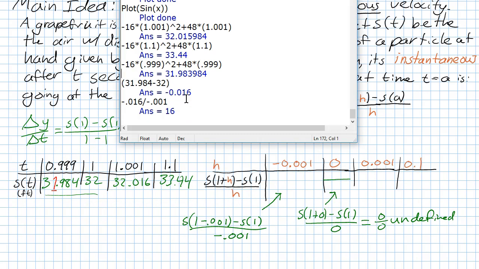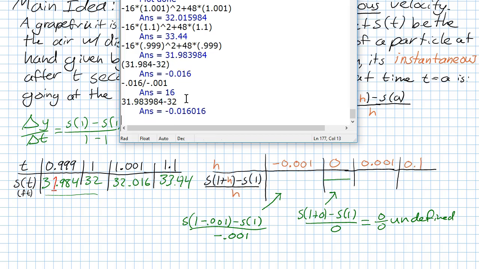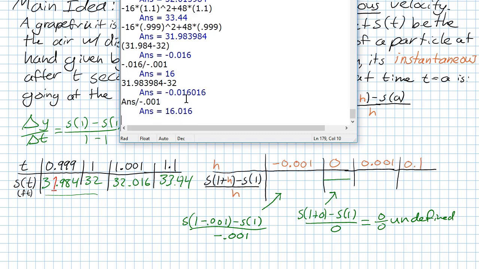I'm going to take this number here, which has a lot more precision than just 0.984. And when we do that, minus 32, you get that answer. And that answer divided by negative 0.001 comes out to be 16.016, which is a little bit more precise.